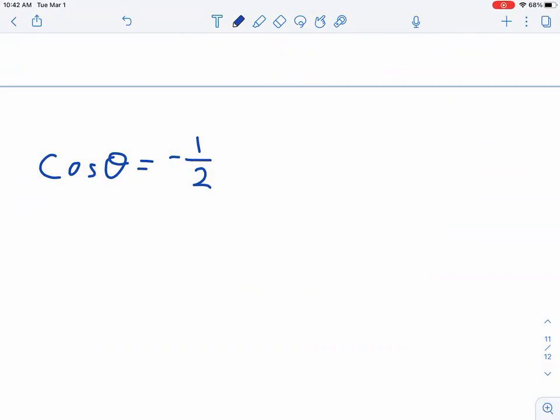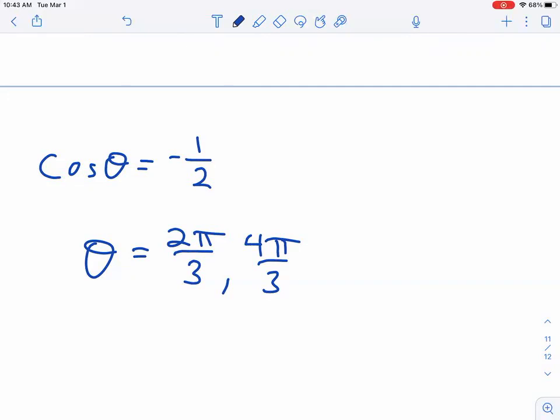Well, I know it's +1/2 at pi over 3. So the cosine of x is negative in the second and third quadrants. So my answers there are that theta would be in the second quadrant 2 pi over 3 and in the third quadrant 4 pi over 3. Just kind of what we were doing before.